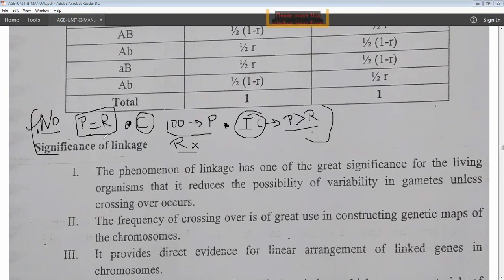In the case of complete linkage, 100% will be the parental forms, and the recombinant form will be zero. In the case of incomplete linkage, the parental form will be more than the recombinant forms.